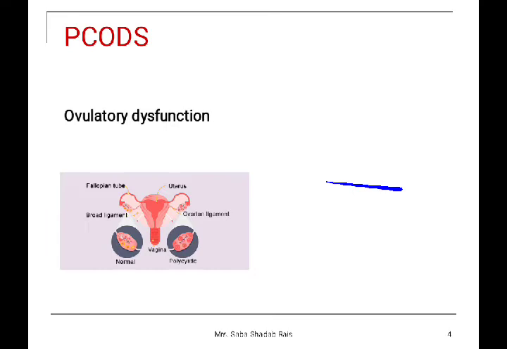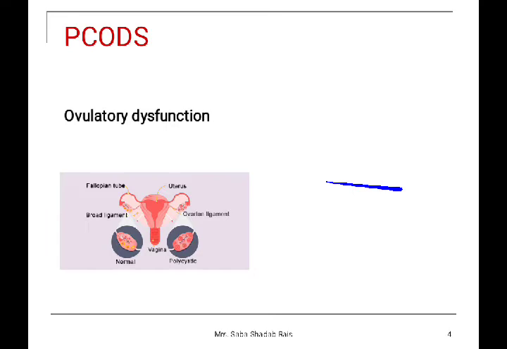At that time, when this ratio increases, the ovary gets extra stimulated, some extra follicles are formed, and sometimes chronic anovulation also happens. So that also causes ovulatory dysfunction.